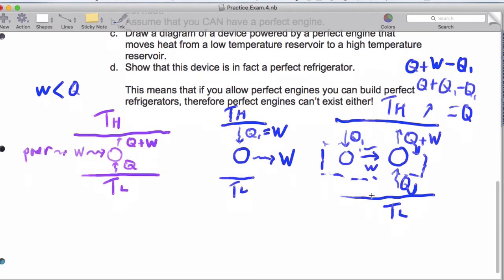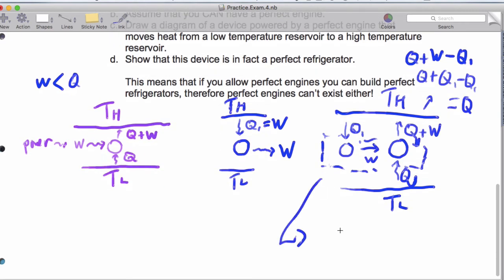So what ends up happening is this machine is effectively a machine that takes Q from low temperature and puts it into high temperature.